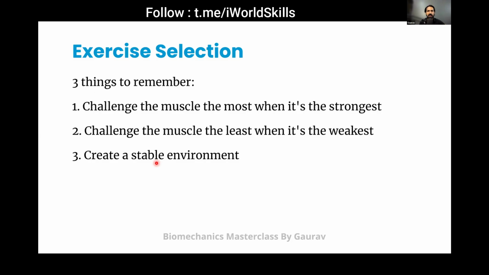Second setup is that I'm simply standing on the floor and performing my overhead dumbbell press. Which setup do you think is going to allow me to create more output from my deltoid muscle? Seated or standing? Let me know in the chat, everyone.